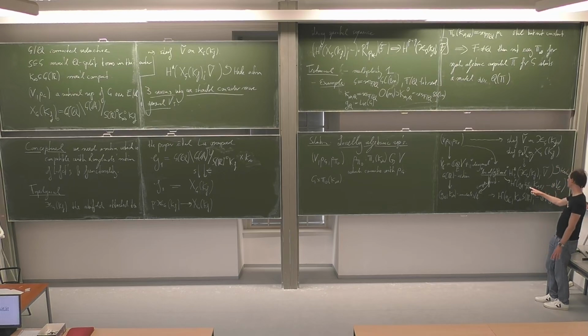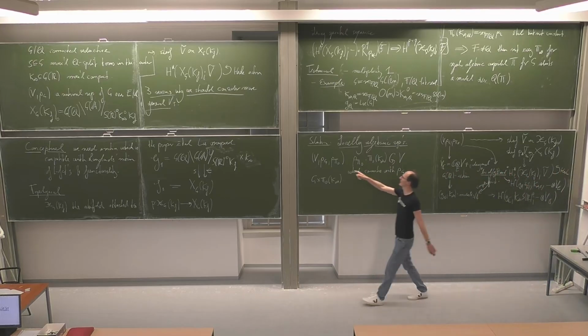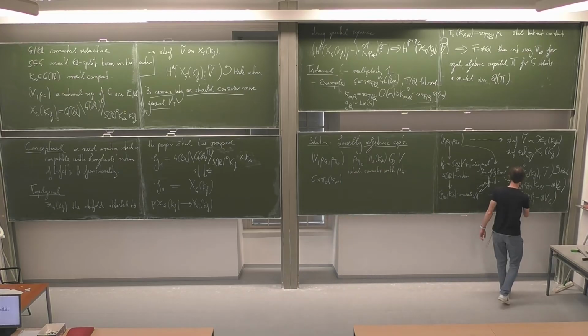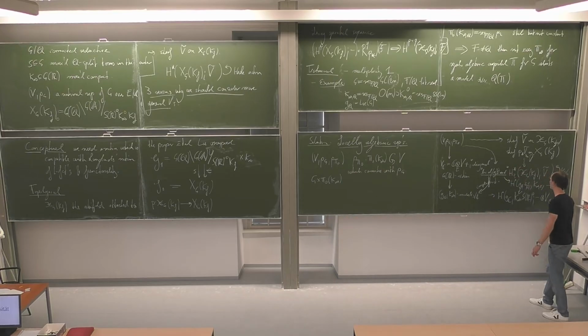So this is not defined for all locally algebraic decay modules. It can be only defined for those where the pi naught action is compatible. Because this is algebraic, so this is intertwining through things, but you can go down here, and then the whole picture makes sense.